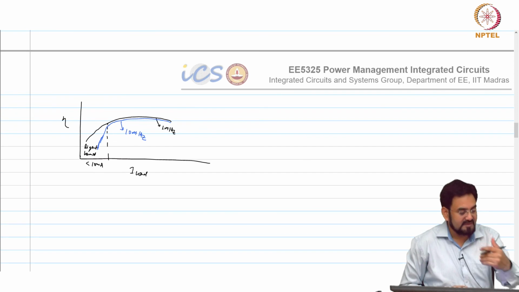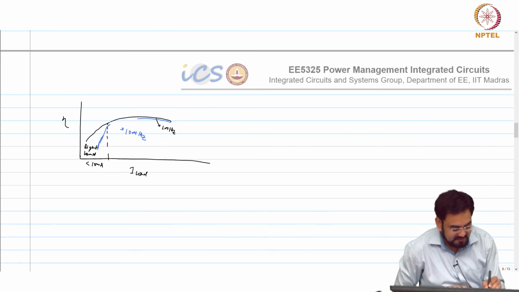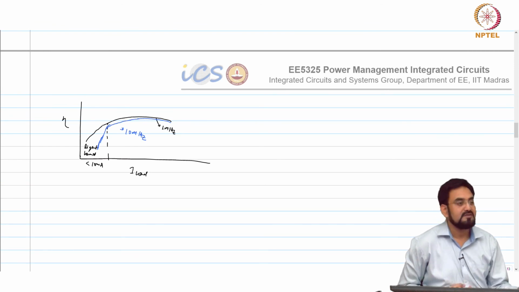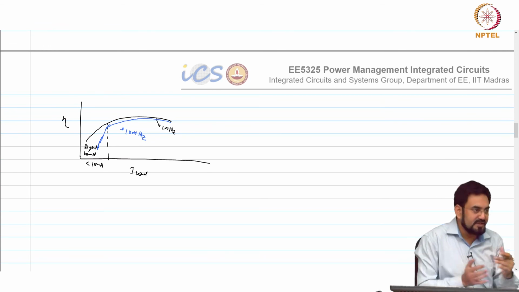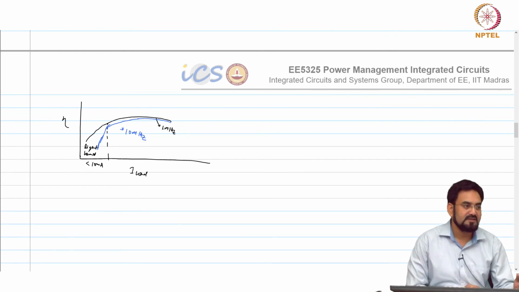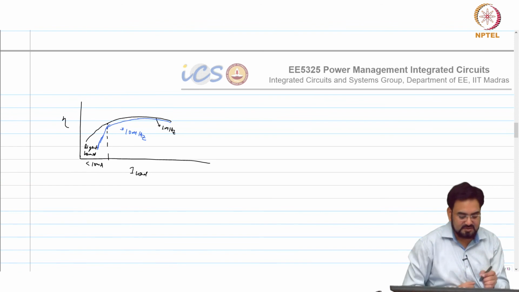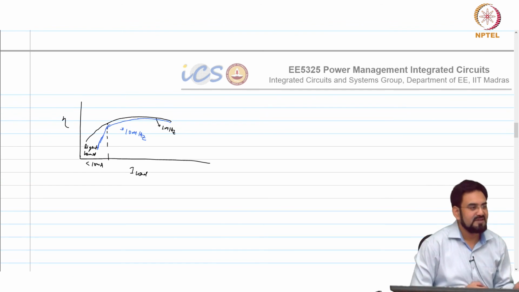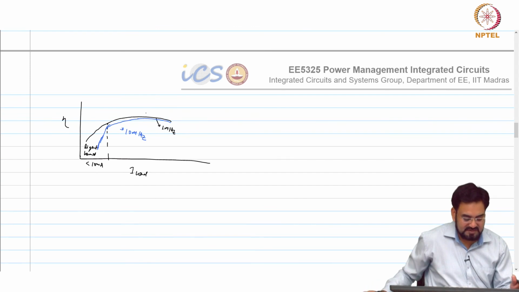At light load it will start dropping. So, this curve actually will start expanding from here itself, something like this. This gap will start increasing as you reduce the load current because your switching losses will be dominating and your conduction losses will be roughly the same.